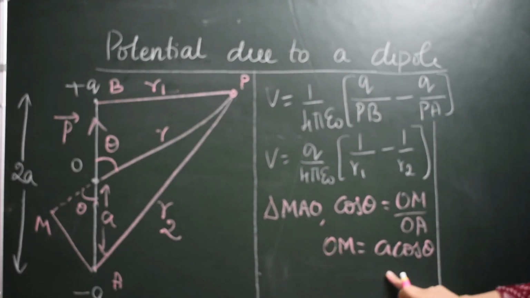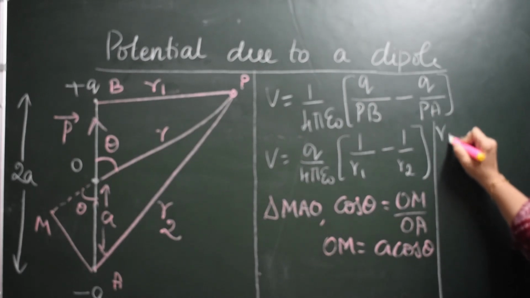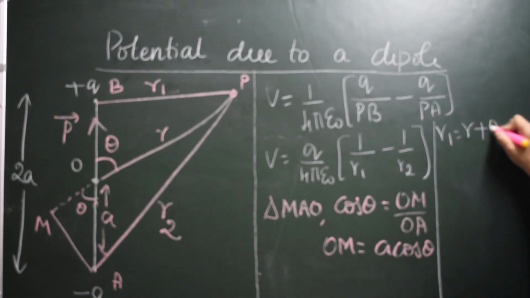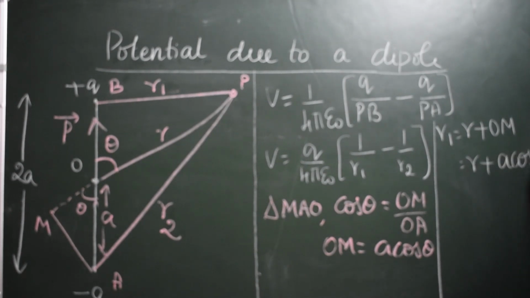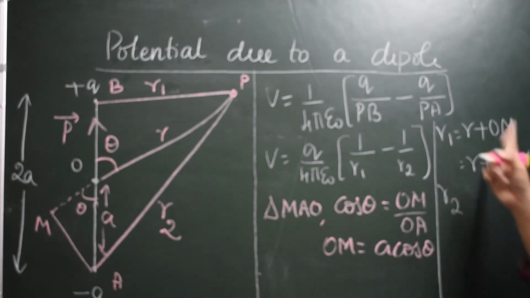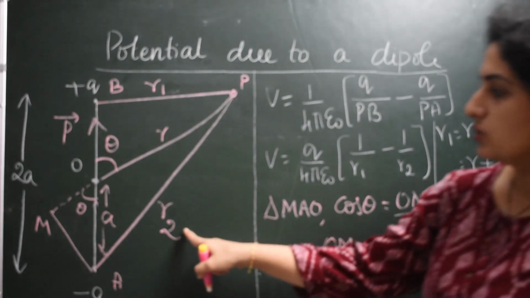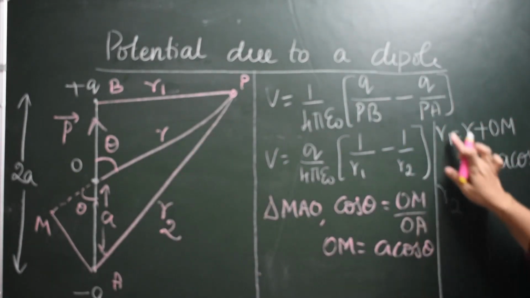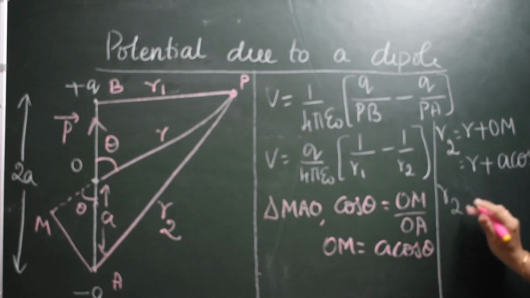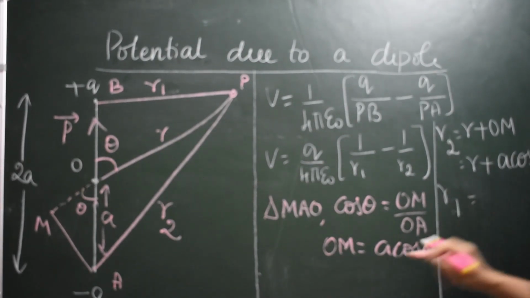So OM we have got. Therefore R1 is equal to R plus OM, which is equal to R plus A cos theta. Similarly, what will be R2 in terms of R? Sorry, this is R2. What will be R1 in terms of R?